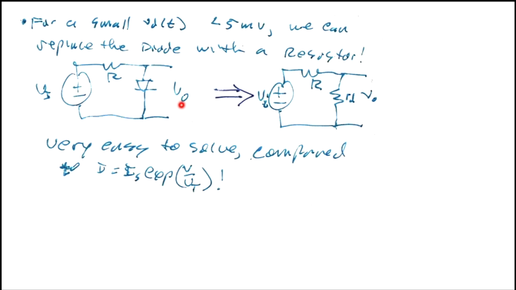But anyway, if we're trying to find this output voltage as a function of a small signal voltage, which is just plus or minus a few millivolts, we could find that by replacing this diode with a resistor with a value of rd, and then we have a really easy equation to solve. Much easier than the exponential model, right? But it's only valid for those small signals.